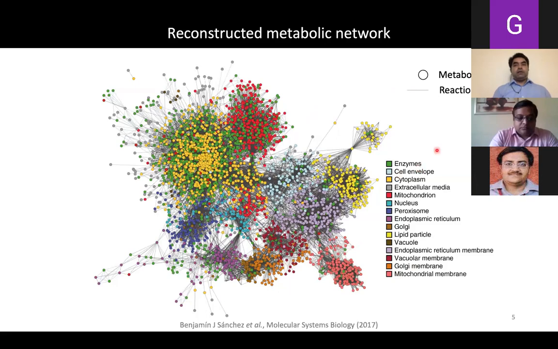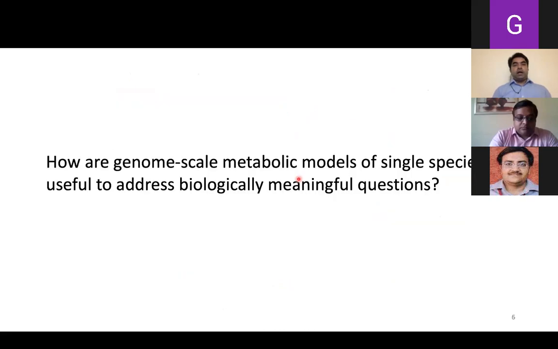As you can see here, the size of these models and the details these models incorporate provide a tremendous opportunity to explore the metabolism of an organism. In this part of the presentation, I would like to give you some examples to describe what kind of biological questions these models can address.